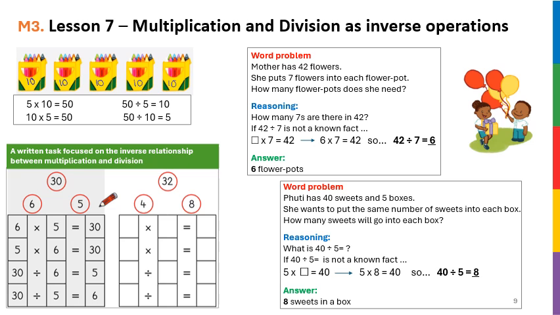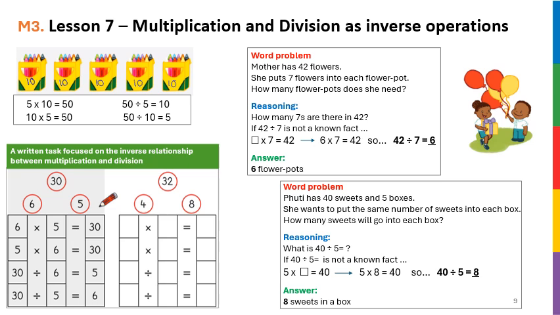So, if 42 divided by 7 is not a known fact for that learner, that child can think of, well, what times 7 is 42? So he was initially thinking of 42 divided by 7, but that wasn't ringing any bells. But that learner can also think of what times 7 is equal to 42.